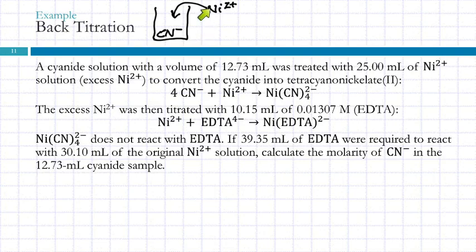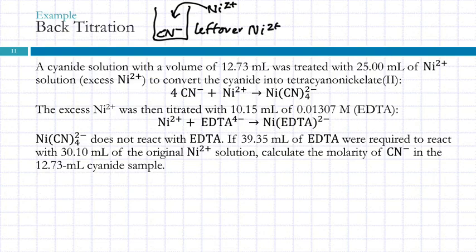So we need to find out how much nickel was added to that solution. And then we titrate the leftover. Let's just say leftover. We've got some leftover nickel ion.